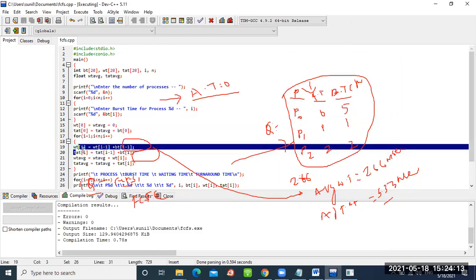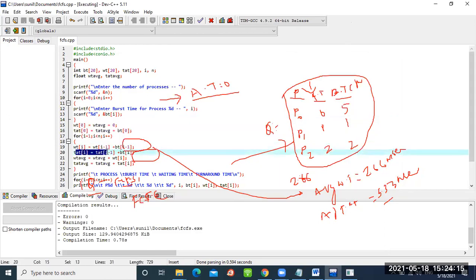While calculating WT and TAT, you have to consider the arrival time also. We will take two types of input: one for the burst time and one for the arrival time. Then here you have to subtract the arrival time. Will it be clear?